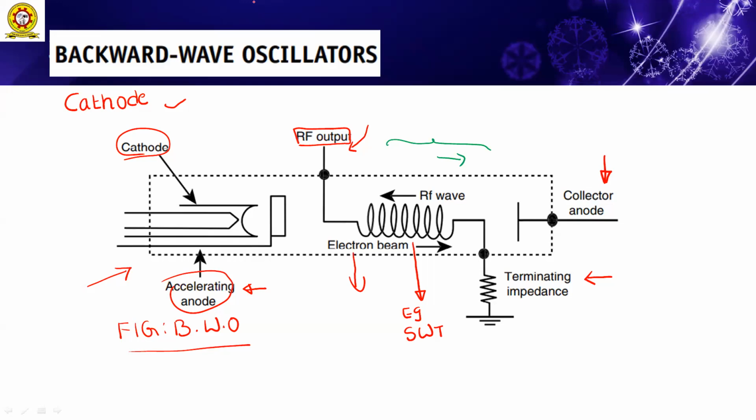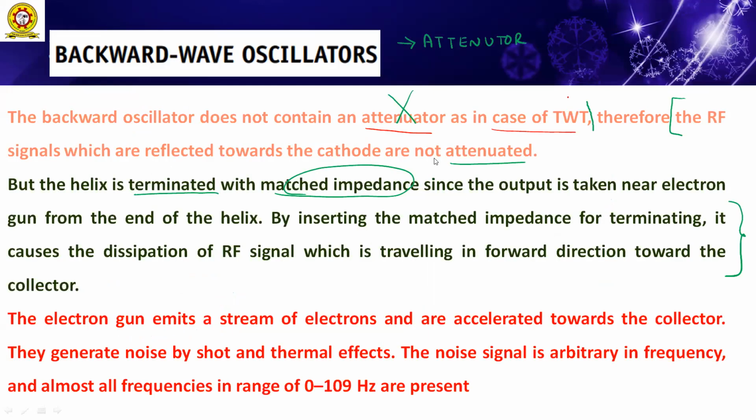The basic explanation is very simple. I already completed some of the operation regarding this in the previous lecture, number 21. The backward wave oscillator doesn't contain any type of attenuator, as we know that reflected waves are responsible for the major operation.